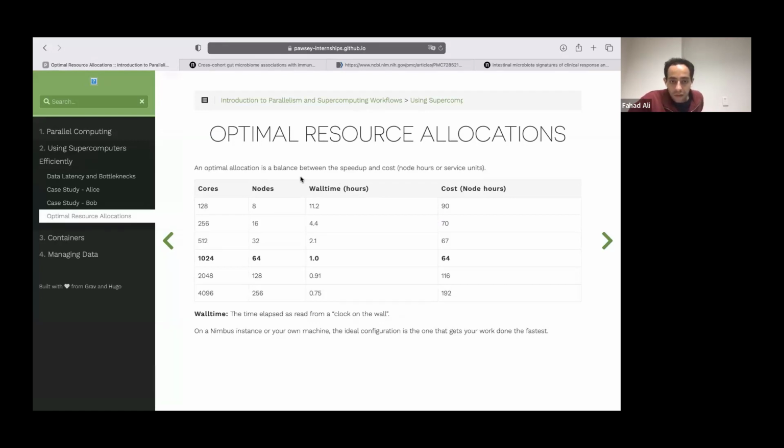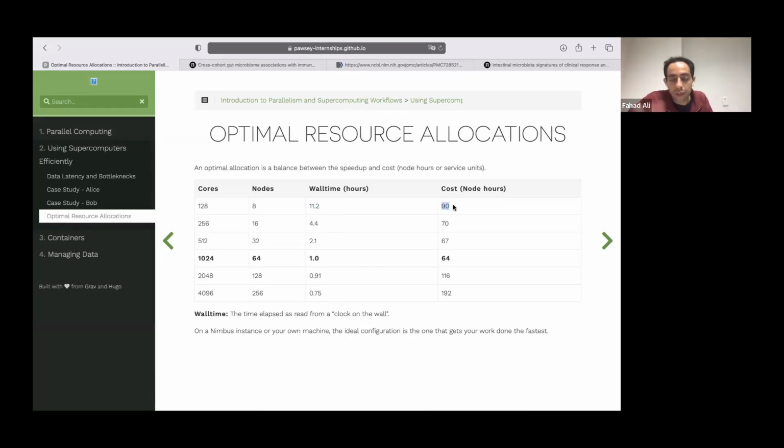Now, on Pawsey, for example, there is a cost to using the resources, and that is usually, if I were to request 128 cores for 11.2 hours, then that would cost me 90, what's expressed here as node hours.